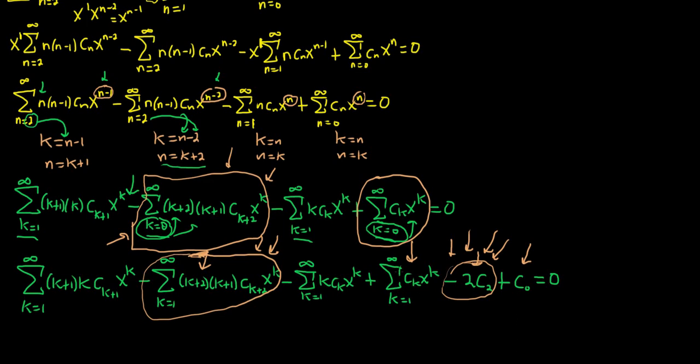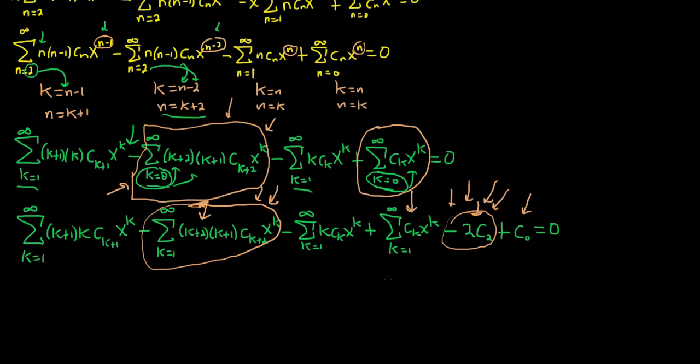Okay, so now we can finally combine these into a single summation. Let me switch colors here. So we have the infinite sum starting at k equals 1, going to infinity. I'm going to use a bracket here, and I'm going to factor out an x to the k from every single one of these.